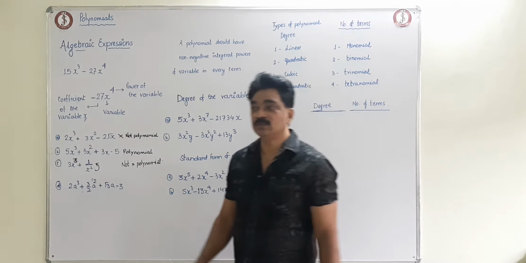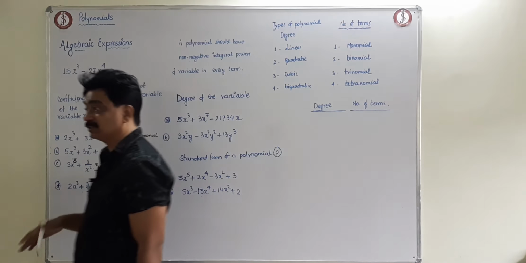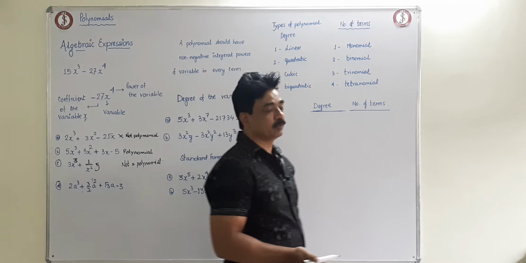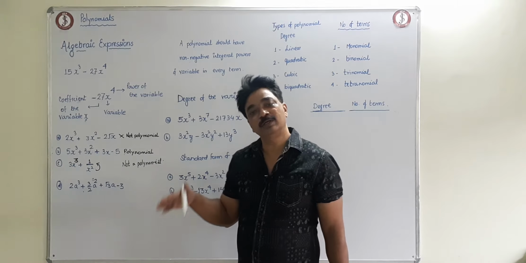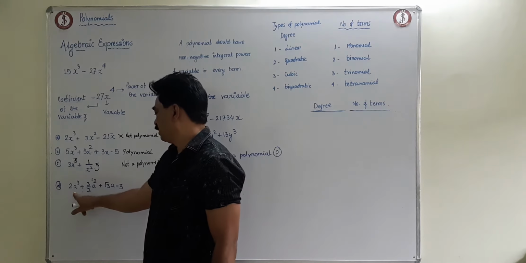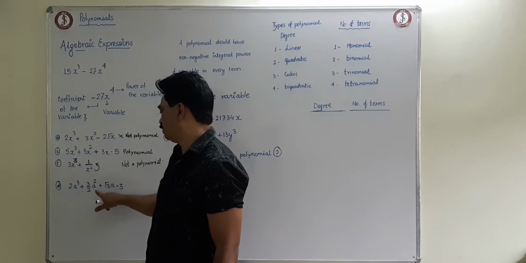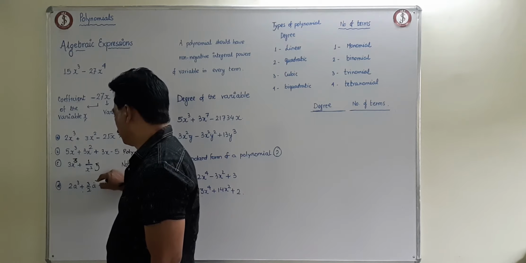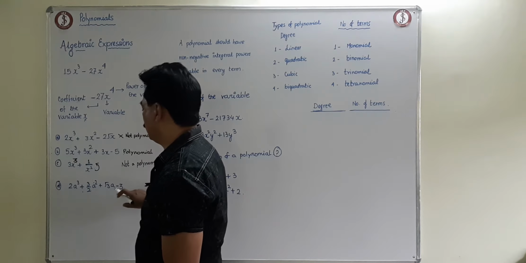If the power is a non-negative integer, that means positive integers or 0, then it is a polynomial. Now here let us have a look. This is a to the power 3, a to the power 2, then a, and minus 3.